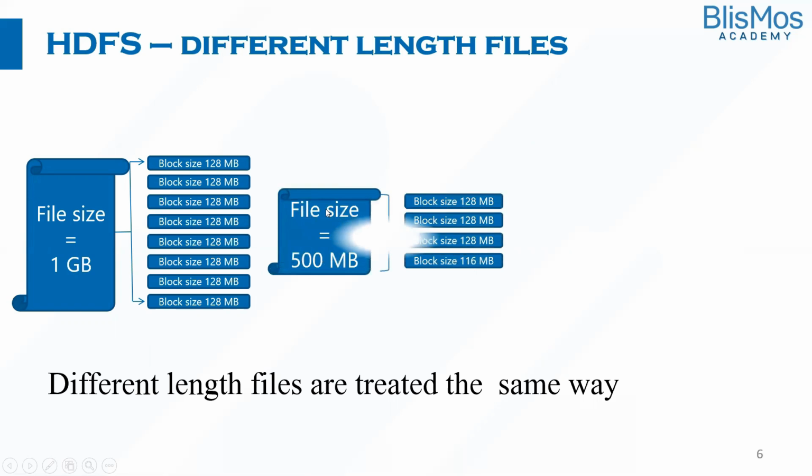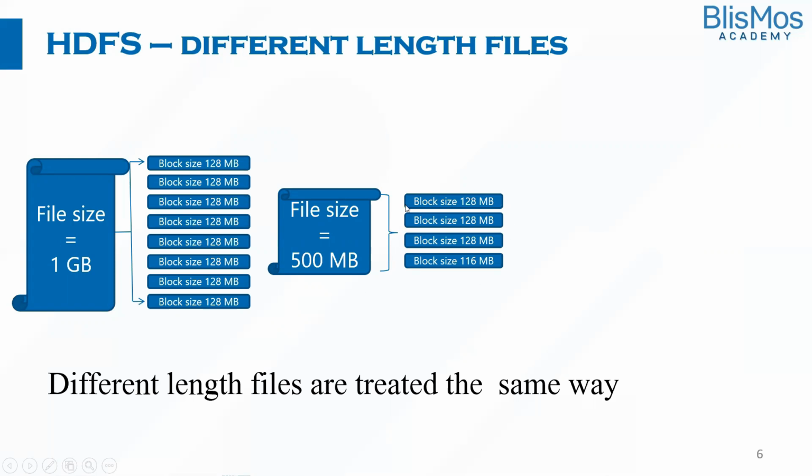Now let us see how a file of size 500 MB is stored. As I said, whether it is 1 GB or 500 MB or it may be 2 GB, the file would be treated the same way. Whether it is 500 MB or 1 GB, the number of blocks would be 500 MB divided by 128 MB.